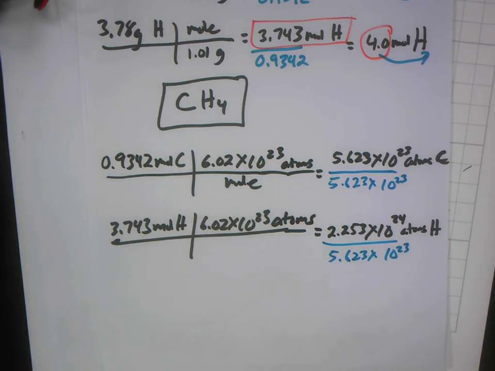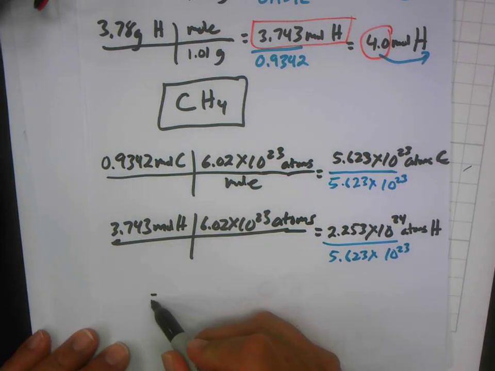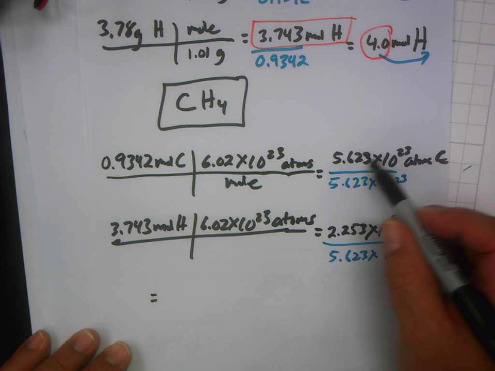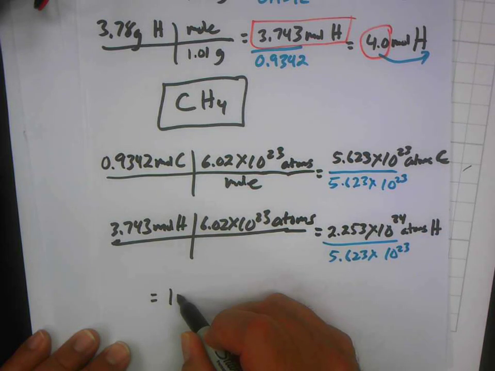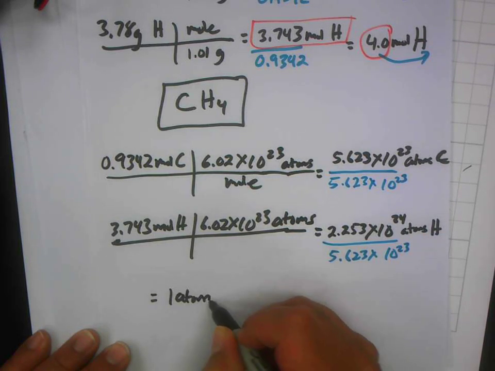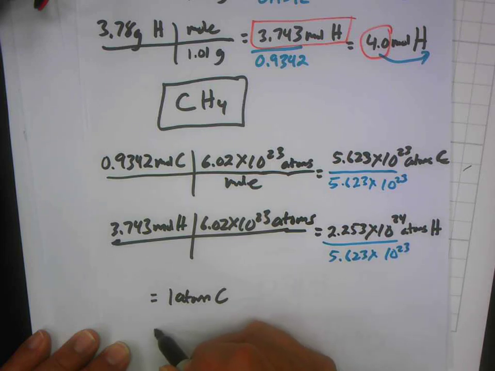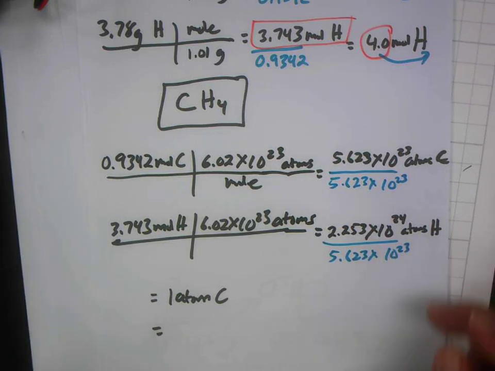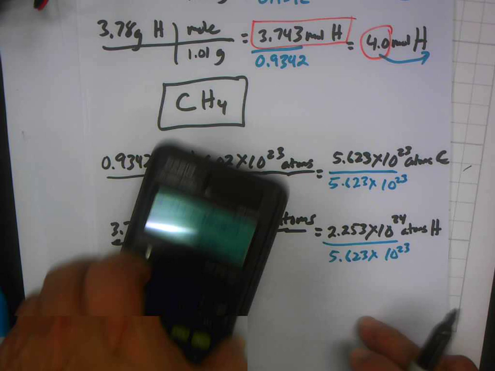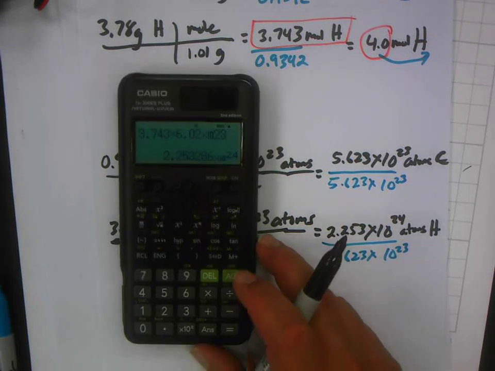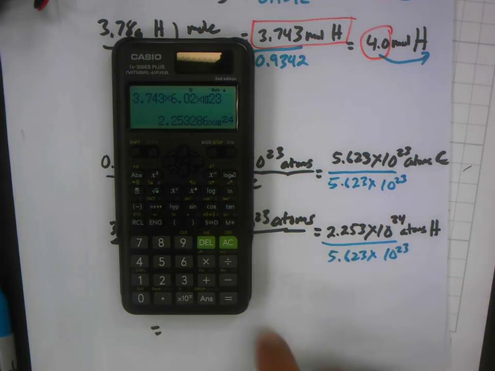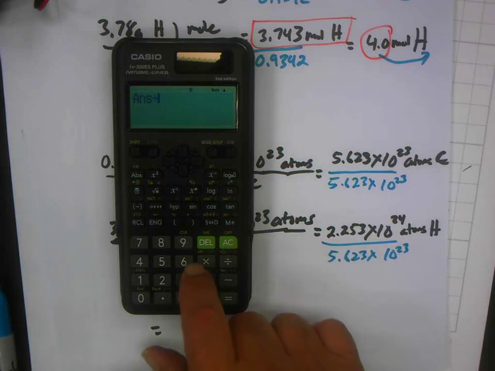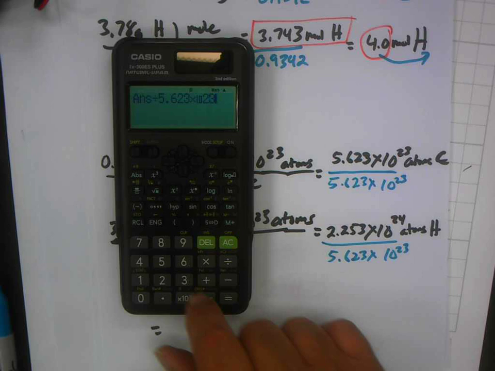That's going to give you, for every, well, this number divided by itself is just going to give you 1 atom of carbon for every, let's see, 2.253 times 10 to the 24th, which I still have in my calculator, divided by 5.623 times 10 to the 23rd.